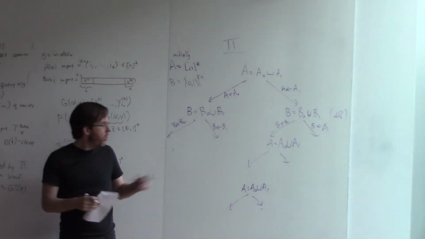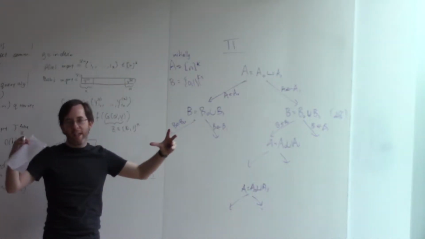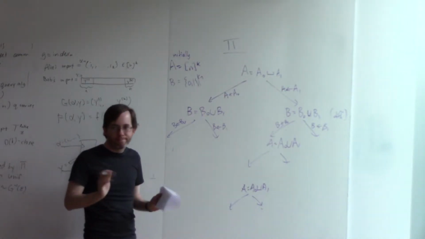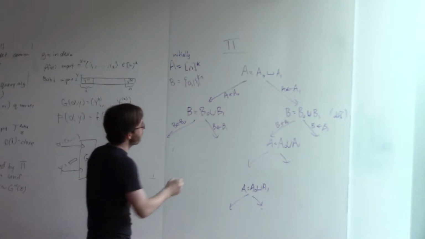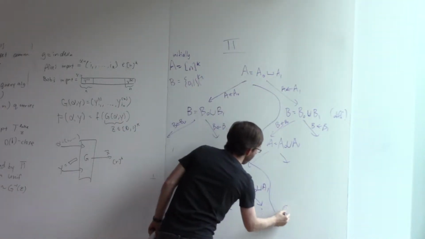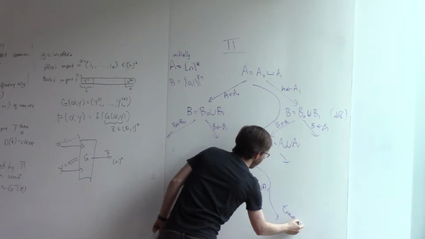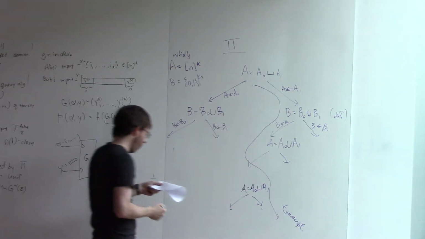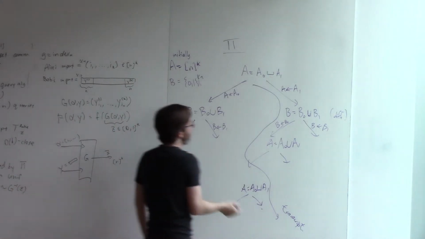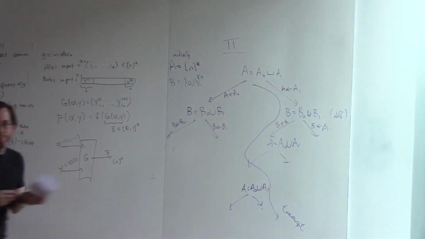It's just a tree whereby two sets, A and B, somehow shrink as you go down the tree. That's it. And a transcript is a path down this tree. That's a transcript. And C is the height of the tree.